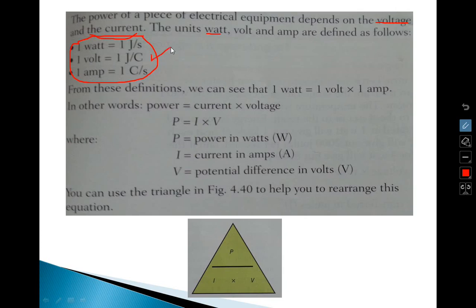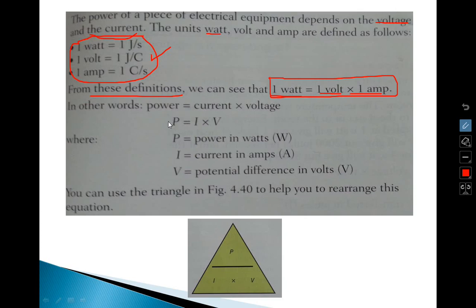They are all correct and give the same meaning. So from these definitions, we can say that 1 watt is equal to 1 volt times 1 ampere.